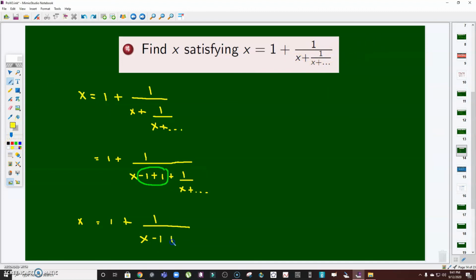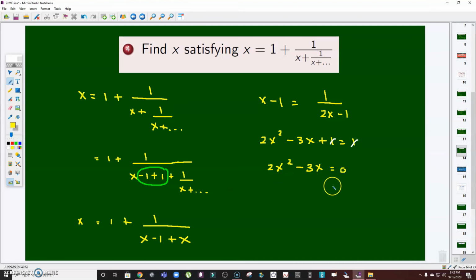So it's just x. Therefore, simplifying it, I'm going to have x minus 1 equals 1 over 2x minus 1. Cross multiplication, so I'm going to have 2x squared minus 3x plus 1 equals 1. Clearly, the 1 cancels, so the quadratic equation is 2x squared minus 3x equals 0.